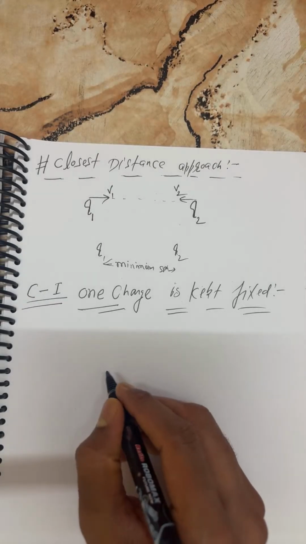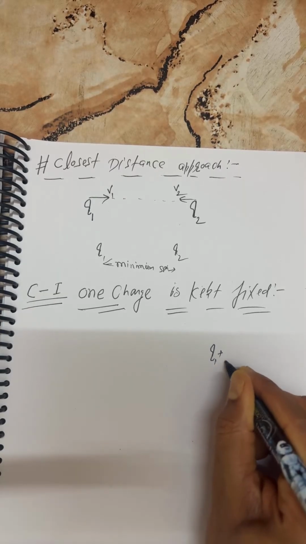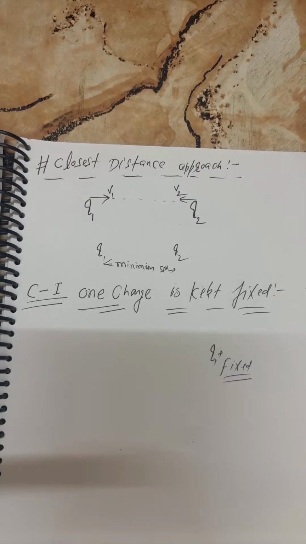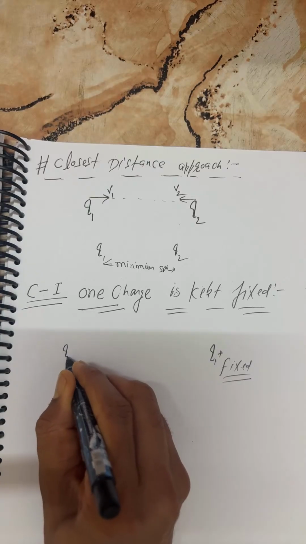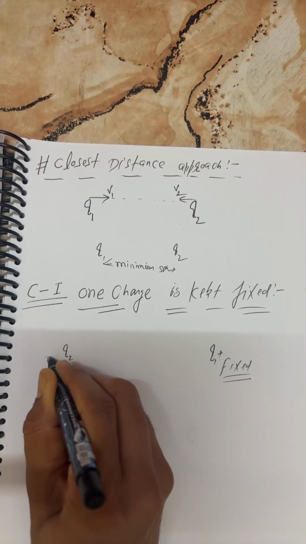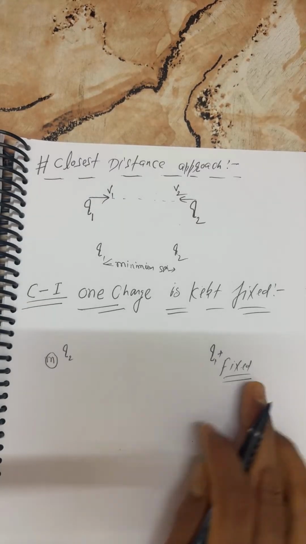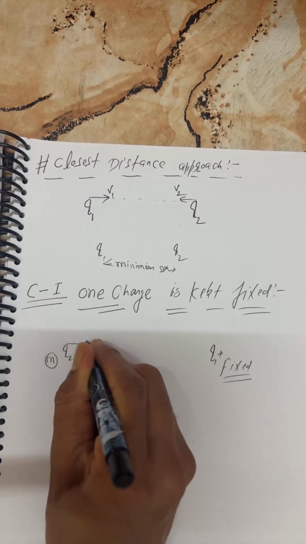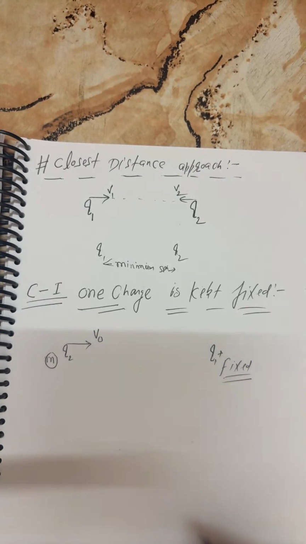Okay, so now students, this is the plus Q1 charge, and this remains fixed. Now I'm going to project this Q2 charged particle, and the mass of this particle I'm considering M. Since one charge is kept fixed, I'm projecting Q2 towards Q1 with speed V naught.